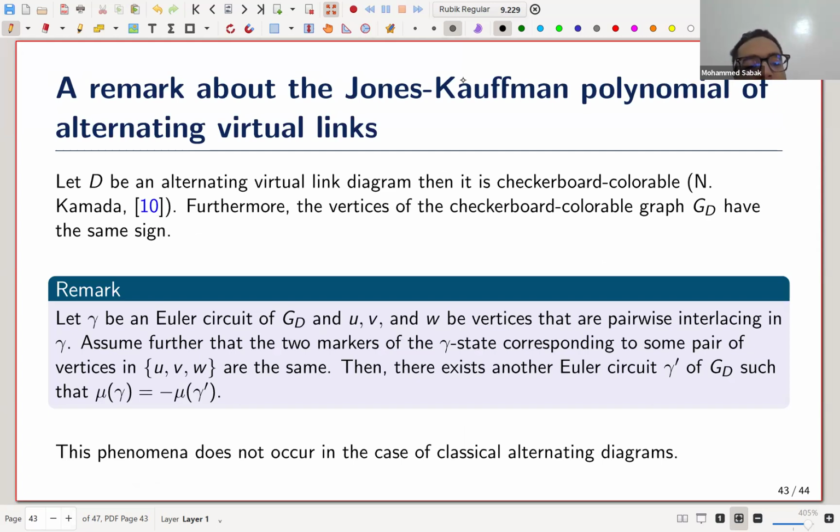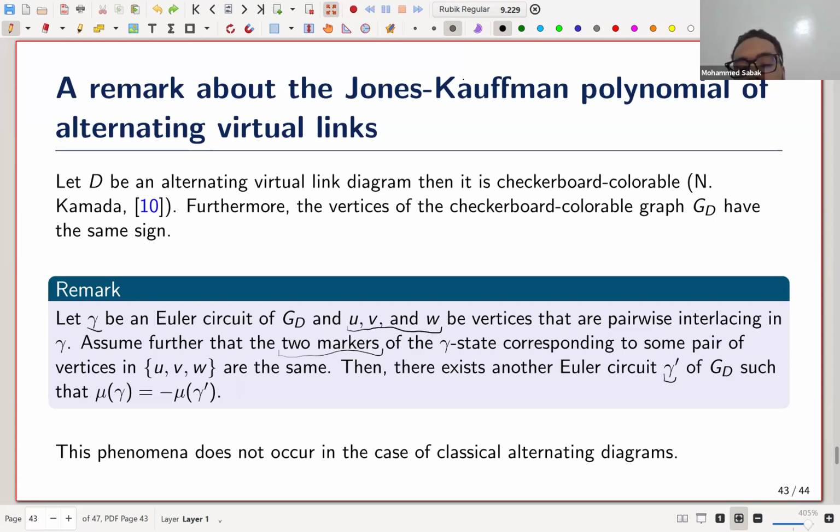So if we have, for instance, an Euler circuit gamma, and three vertices u, v, and w which are pairwise interlaced in gamma, and two of the three markers corresponding to the three vertices u, v, w in gamma are the same in these states, then we will always find an Euler circuit gamma prime which has the opposite weight of that of gamma, which means that the contributions of gamma prime to the polynomial will cancel out.